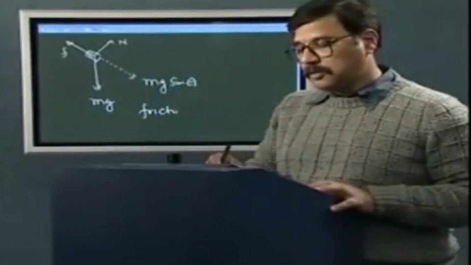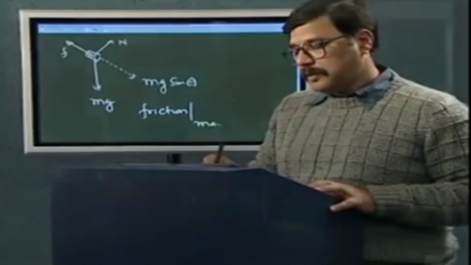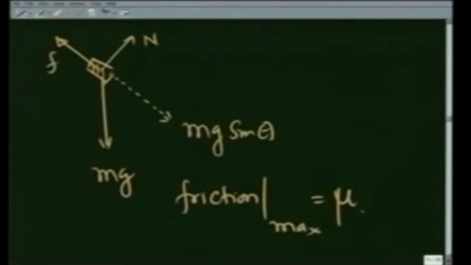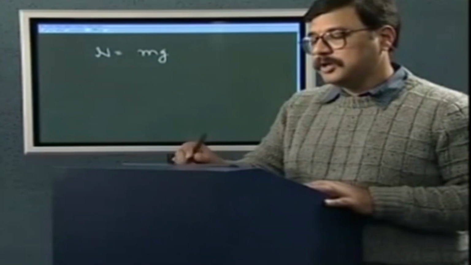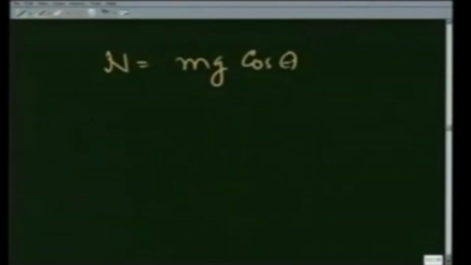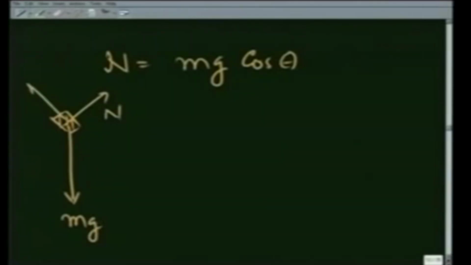Friction maximum, as I told you earlier, is equal to mu s times n, and as we saw earlier, n is nothing but mg cosine of theta, because there is no motion perpendicular to the inclined plane.